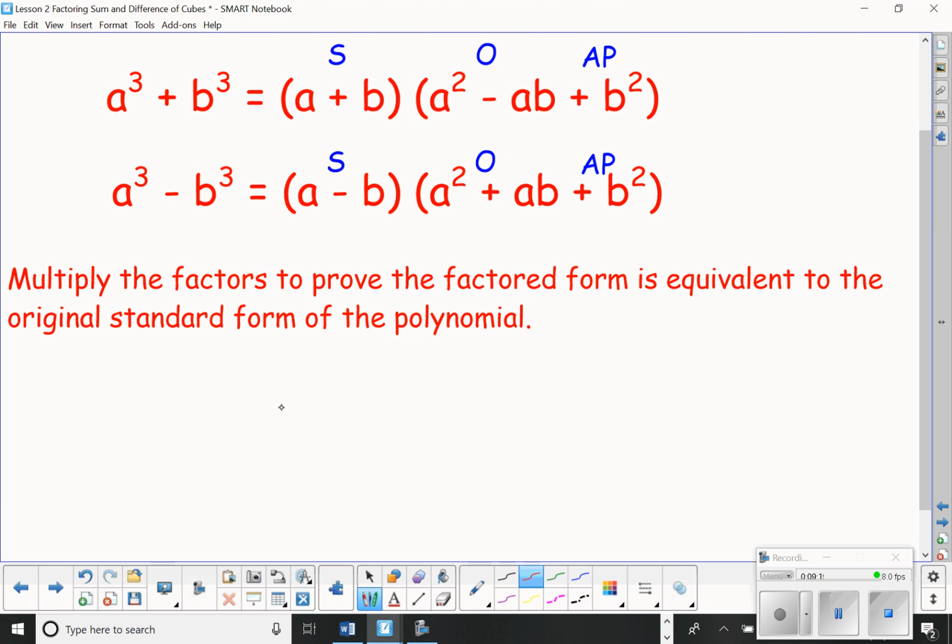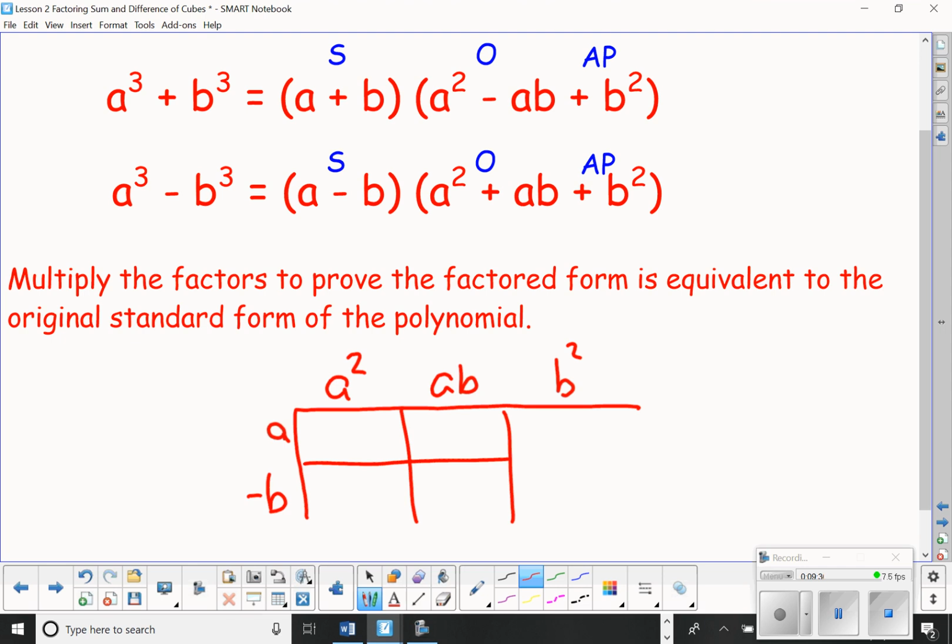So if I have a and negative b, I'm going to do it in a multiplication box because it's much easier to see that way. A squared, ab, and b squared. Give myself a multiplication table. A times a squared is a cubed. A times ab is a squared b.